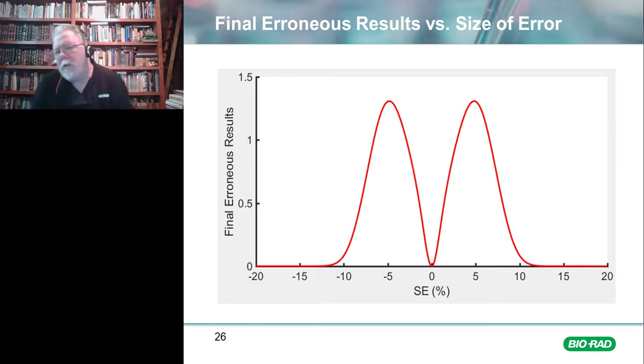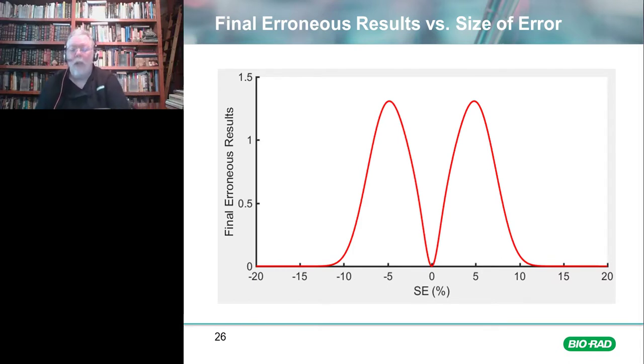But once we start looking at this definition of final erroneous results, what we're looking at is how large of an error condition can I have that I produce an erroneous result and still pass QC? And this, fortunately, has a maximum. Why does it have a maximum?